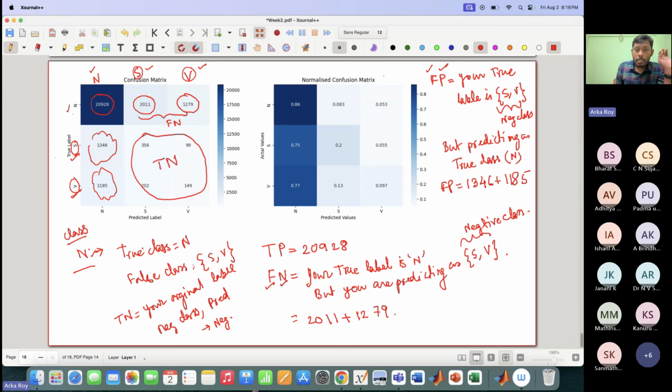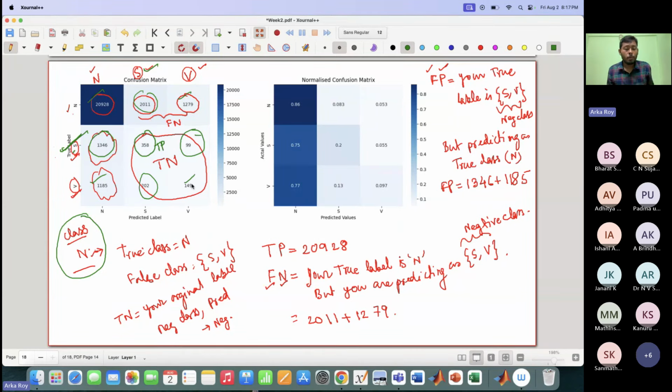So this is when you consider class N. TP, FP, FN, everything will be changed when you talk about class S, because then your true positive will be this one, because your true label is S and you are predicting it as S. Then your false negative would be these two, false positive would be these two, and true negatives would be these one.